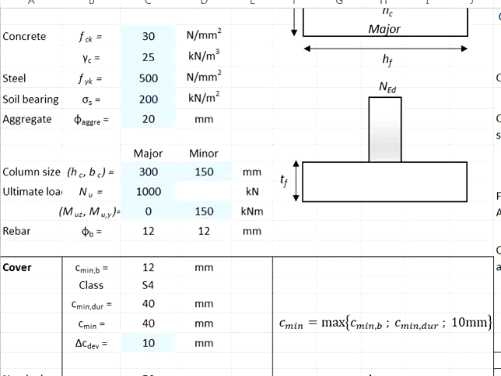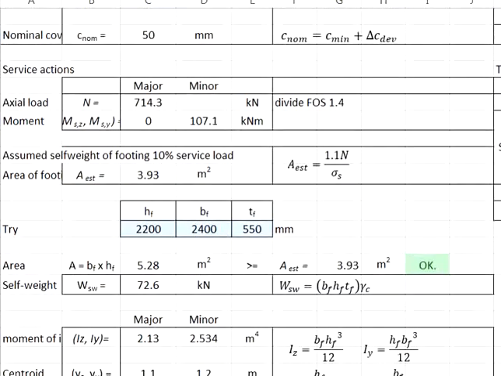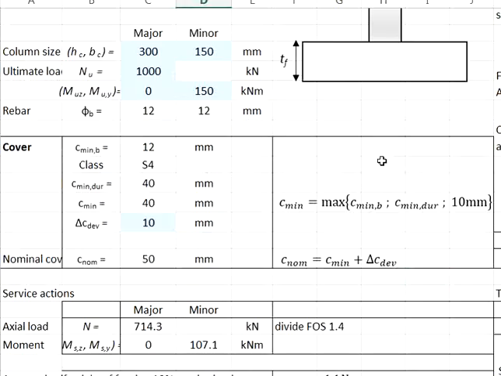Therefore, we are unable to remove the factor of safety of 1.35 from the GK and 1.5 from the QK. Considering their compound effect, we assume the equivalent factor of safety equals to 1.4. Dividing the 1000 kN load with 1.4, you get 714.3.